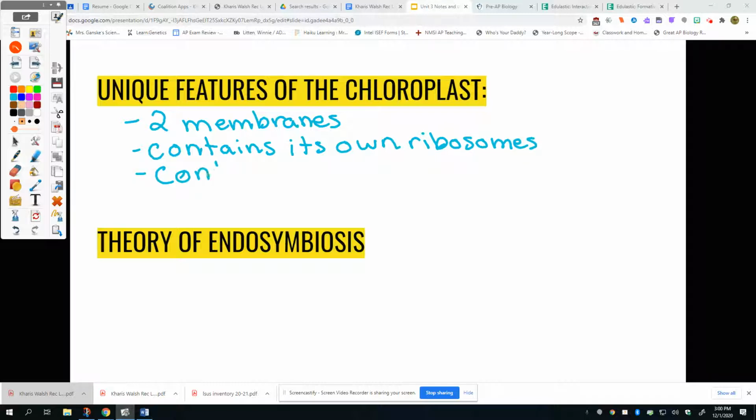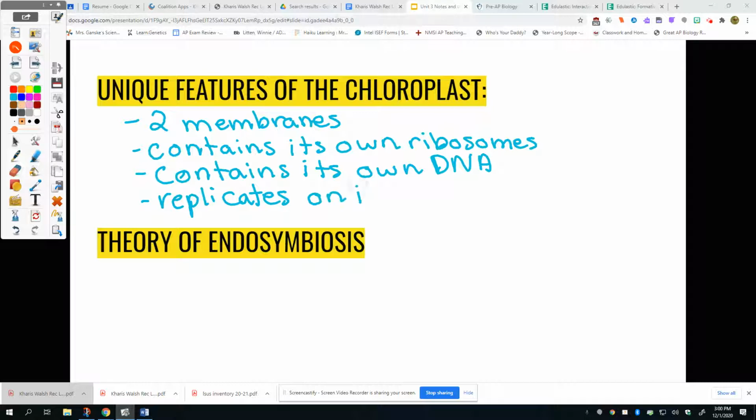It contains its own DNA. And it replicates on its own through what we call binary fission. And this is how bacteria reproduce.